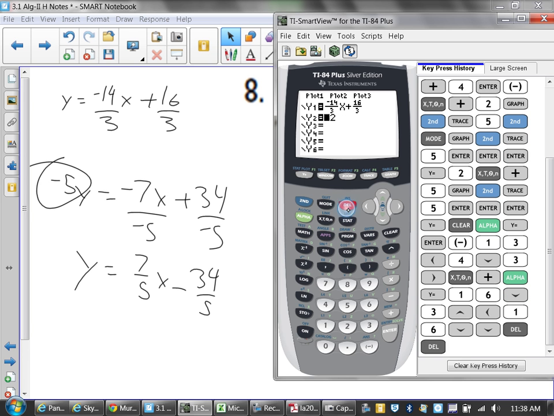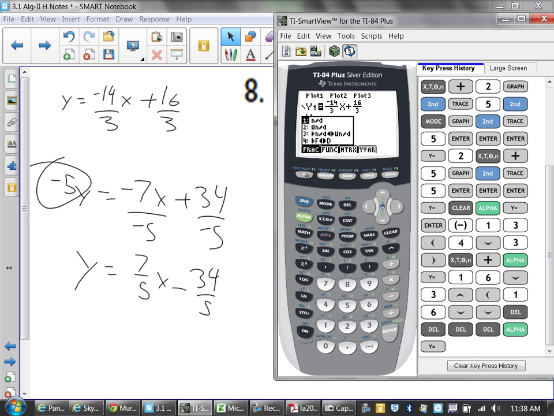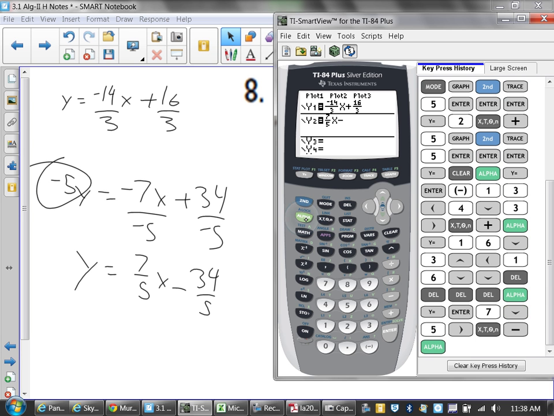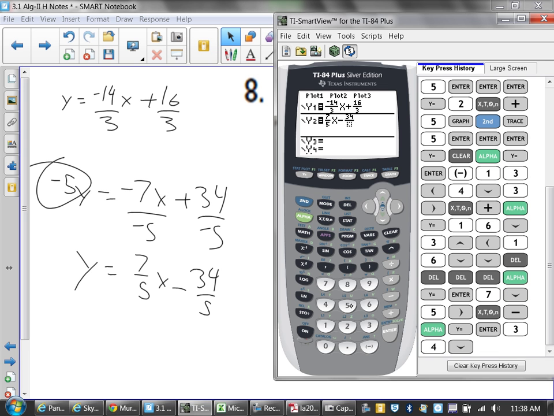And then the next one we get alpha y equals 7/5 x minus alpha y equals 34 over 5. And then you grab it.